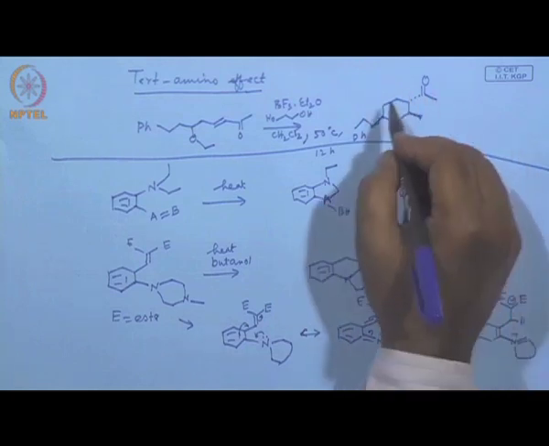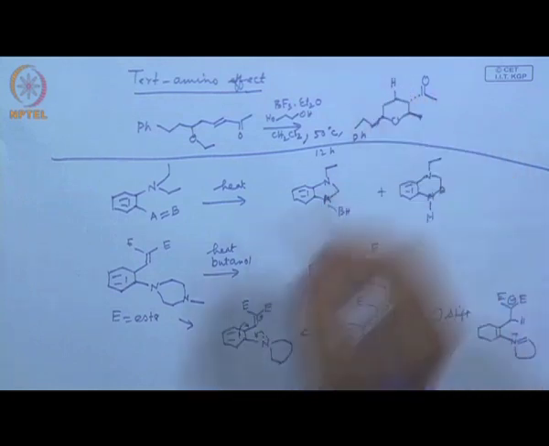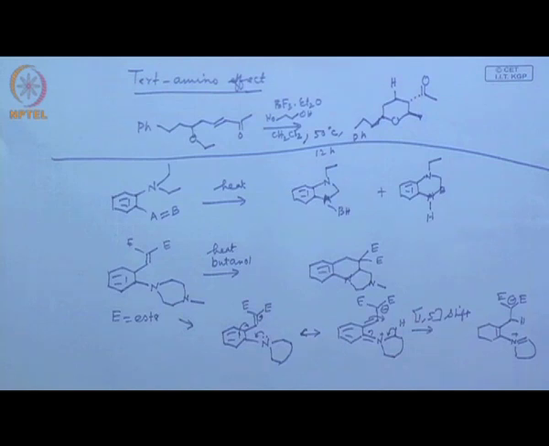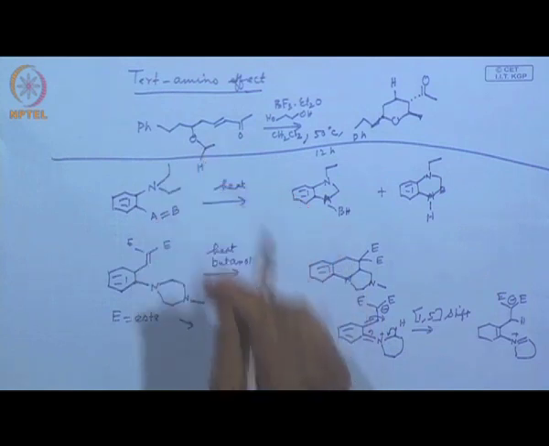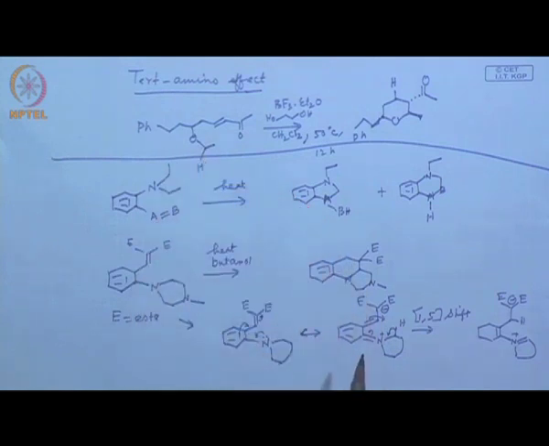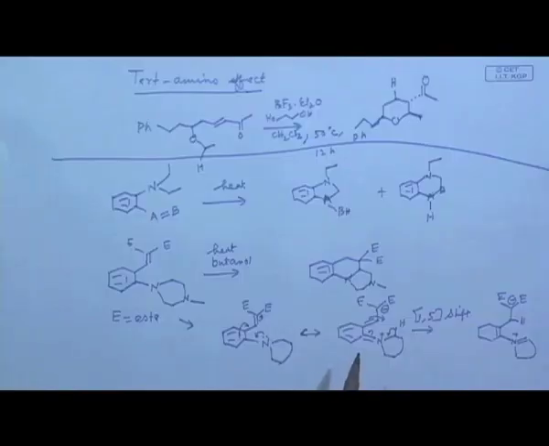Of course, the indicated hydrogen has been shifted from where? This hydrogen. So it is a secondary, you can say, oxygen effect; that was the tertiary amino effect and this is the secondary ether effect.